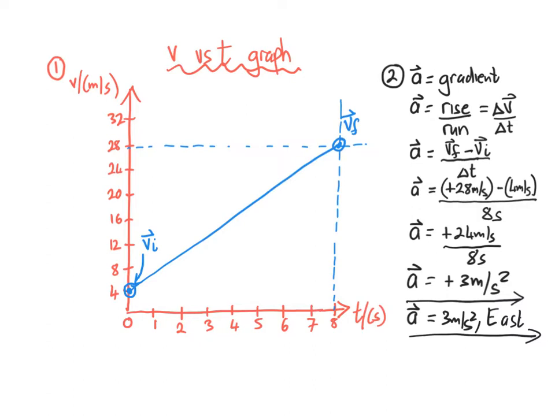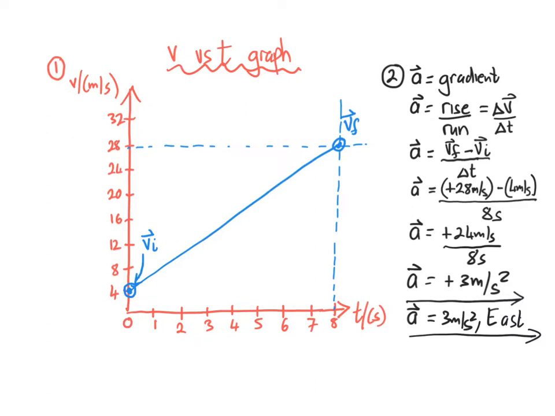Then the final velocity after 8 seconds is 28 meters per second, so I decided to use a scale of 1 increment on my vertical axis, which is the velocity axis, to represent 4 meters per second. So it goes 4, 8, 12, 16, 20, 24, and keeping it constant at that scale.